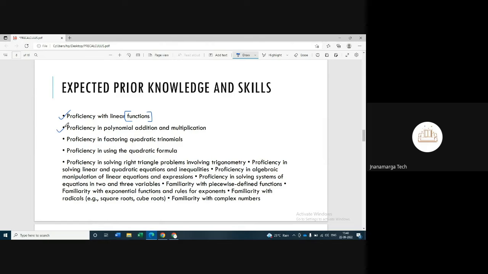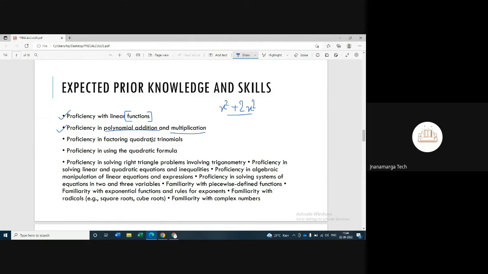There must be proficiency in polynomial addition and multiplication. One must know how the polynomial functions go about and how they work, and how we can add the functions. For example, if there is an x square, you can only add it with another x square variable, only this can work, and how multiplications happen inside a polynomial function.